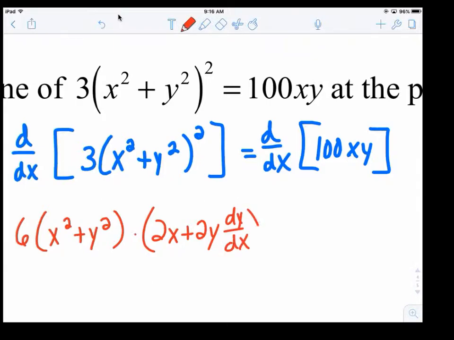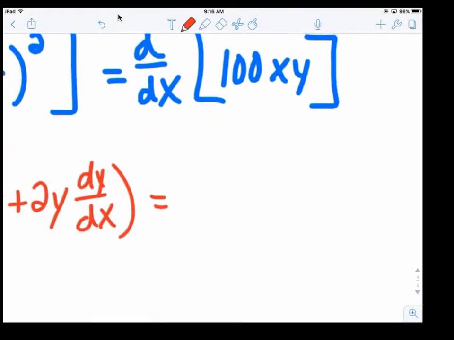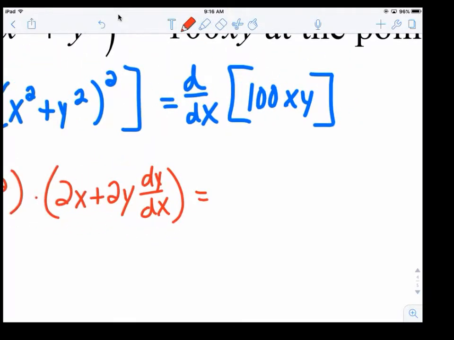Very nice. And then are we done with that side? With the left side, though. All right, now, derivative of 100x times y. So derivative of the first, right? So you have 100 times y plus 100x dy over dx.